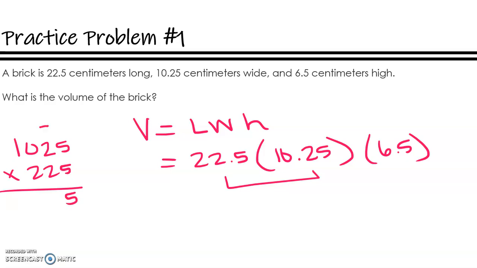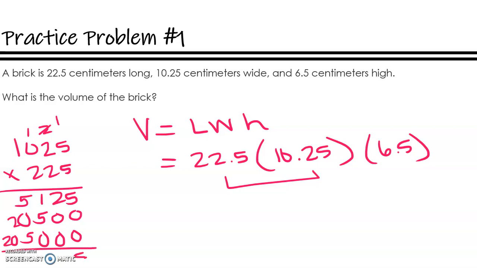So I'm doing 25, that's 10 plus 2 is 12, that's 0 plus 1 and 5. Put my placeholder, that's 10, that's 4 plus 1 is 5, that's 0 and 2. 2 placeholders, 2 times 5 is 10, 2 times 2 is 4 plus 1 is 5, 0 and 2.